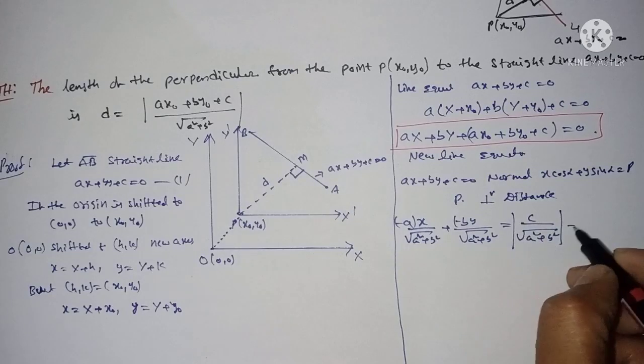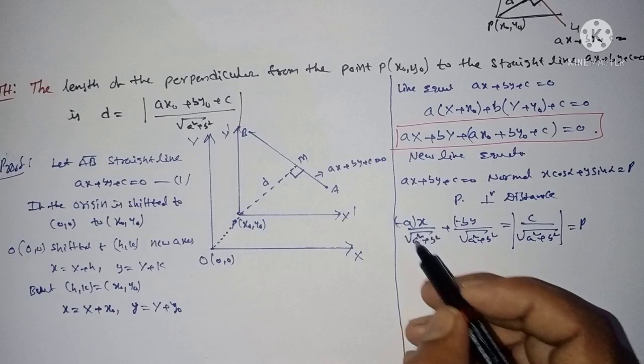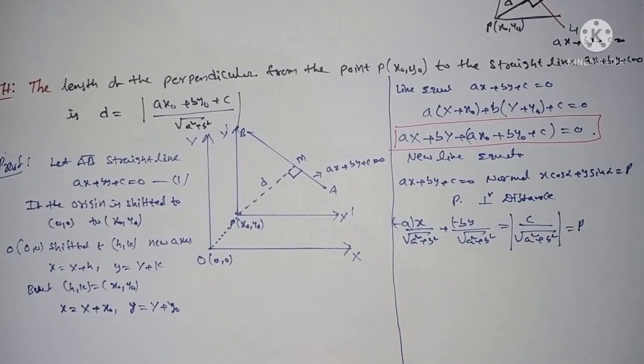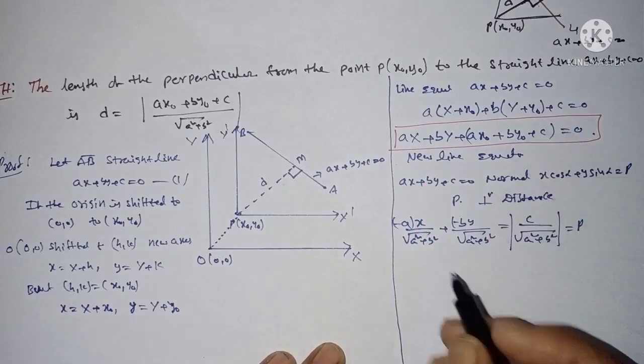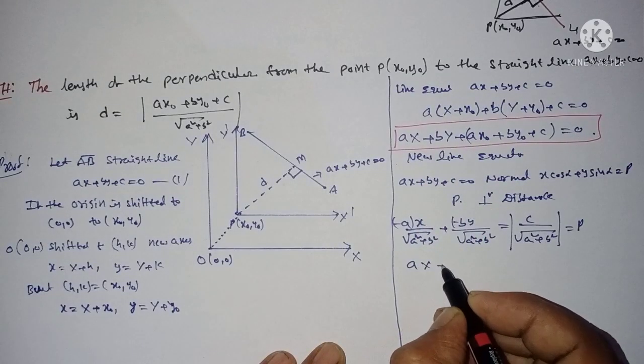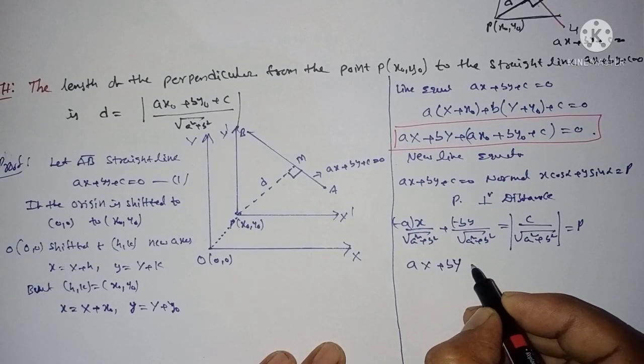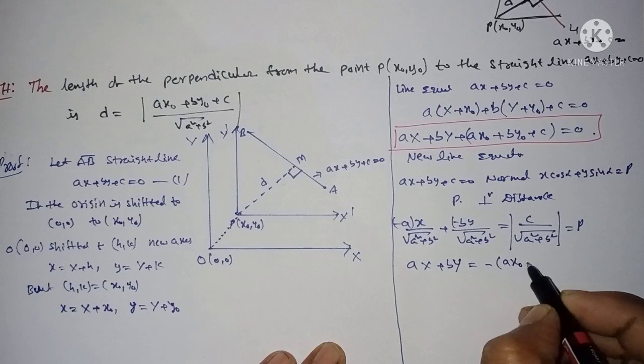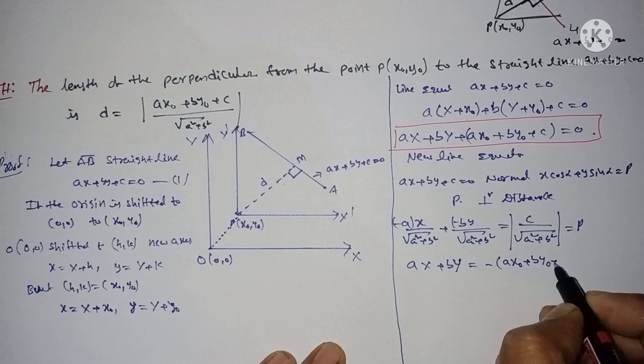This mod of this is called p only. X cos alpha plus y sin alpha is equal to p. This is the method of finding in transformation of the axis. The equation is ax plus by is equal to minus of (ax naught plus by naught plus c).